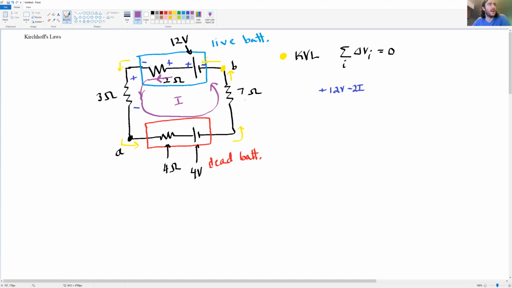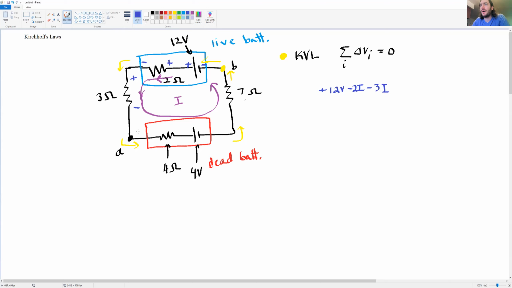Or I probably should say the plus is on top, since the current is flowing from the top to the bottom. So on top we have the plus, on bottom we have the minus. So we write that in again using Ohm's law. So it's minus the 3 ohms times whatever the current is in amperes. That gives us the voltage drop there. So minus 3 times I.